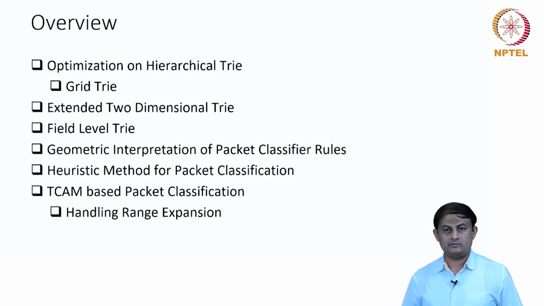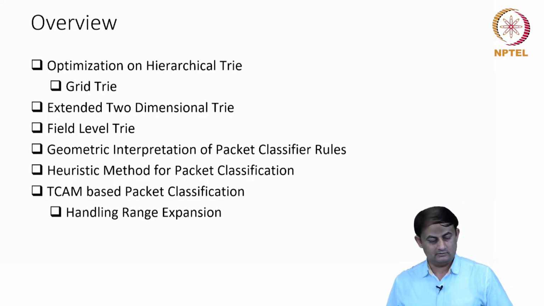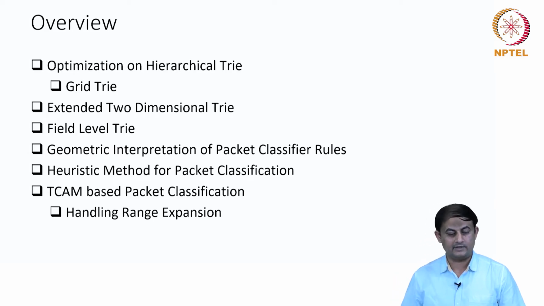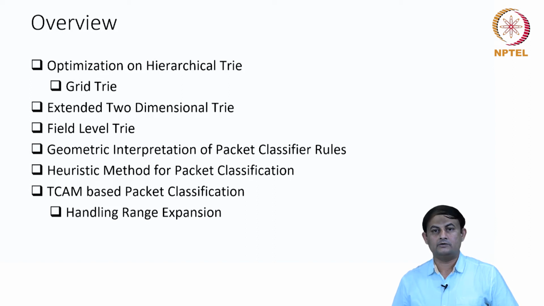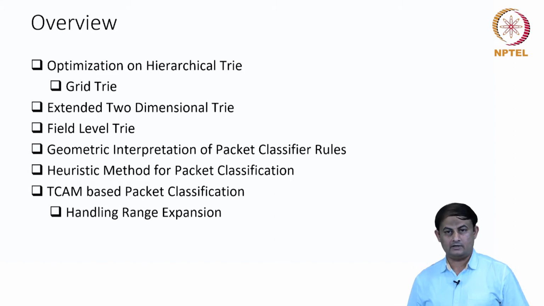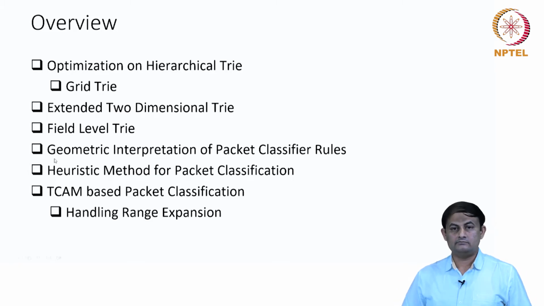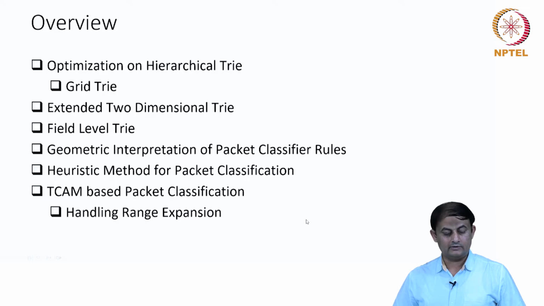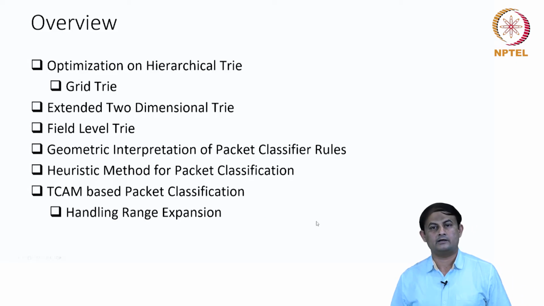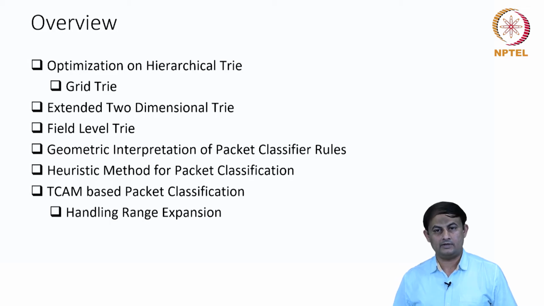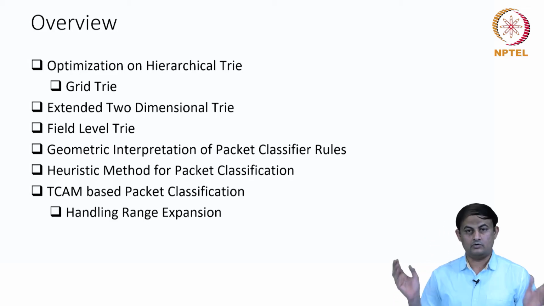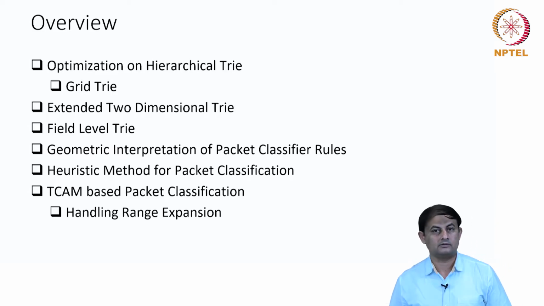Then we'll see some heuristic methods to do the classification, and we'll also look into something called the fit level trie, which is a different kind of trie for doing packet classification. And then at the end we'll look into how we implement the packet classifier using the TCAM memory as well. So that is the whole agenda for today's lecture.